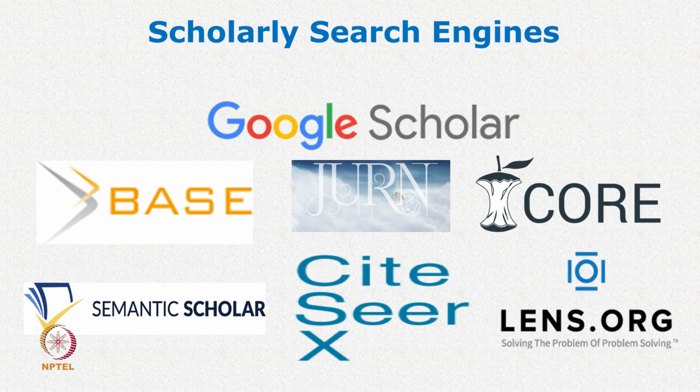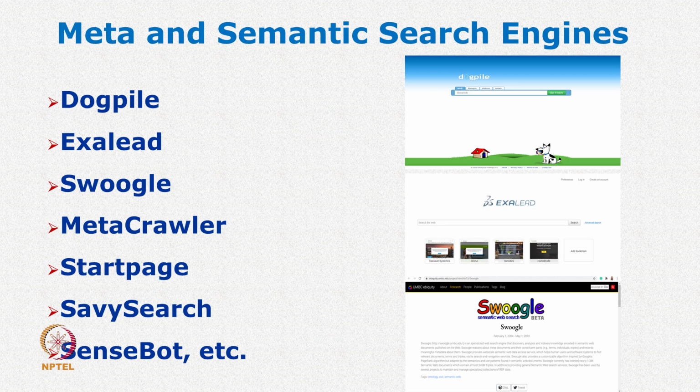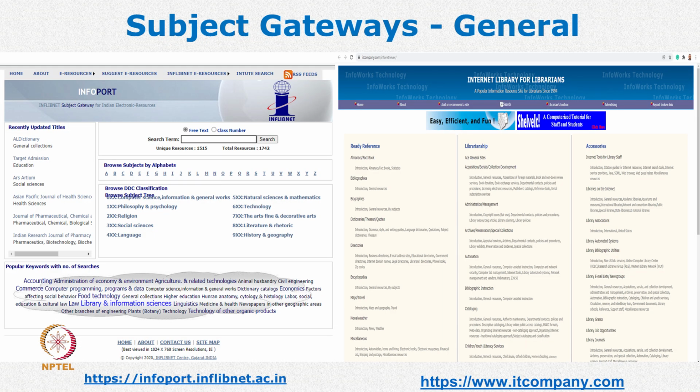Scholarly search engines like Google Scholar or Base sometimes could be more helpful in finding relevant information. Deep web using meta and semantic search engines like Dogpile or Excellead or Sugal can get you amazing results. Subject gateways provide links to information sources of a particular subject. So for specific subject queries, prefer subject gateways.